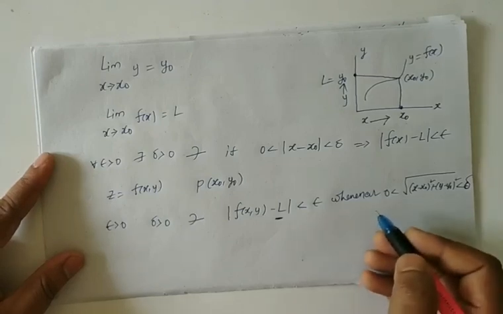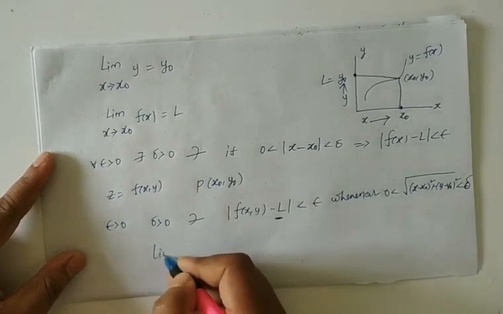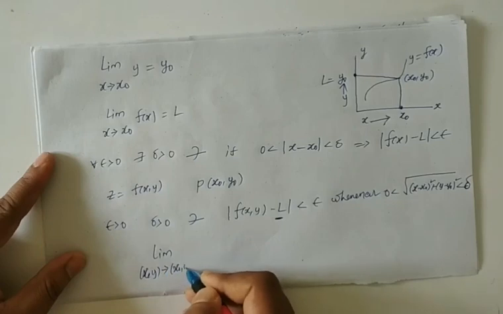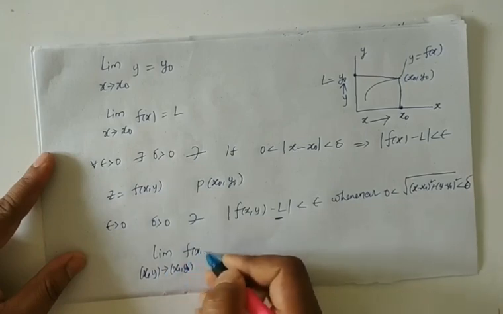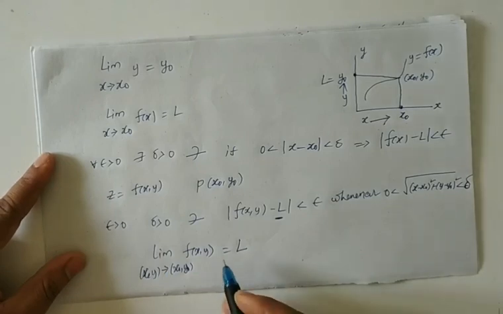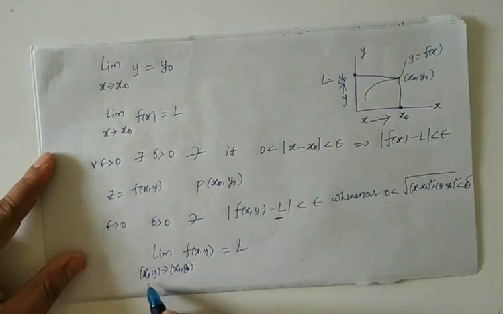Symbolically we write it as the limit as x comma y approaches x naught y naught of f of x y is equal to L. Here f of x comma y approaches L as x y approaches x naught y naught in many different paths.